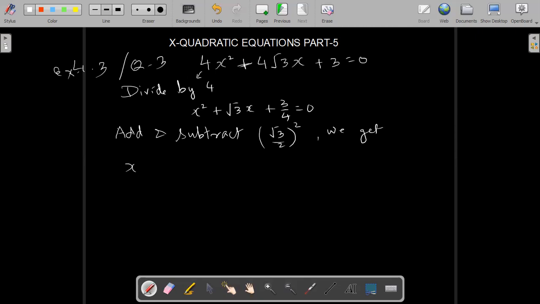x square plus root 3x plus, always write plus first, under root 3 by 2 whole square, then minus under root 3 by 2 whole square, and plus 3 by 4 as it is.